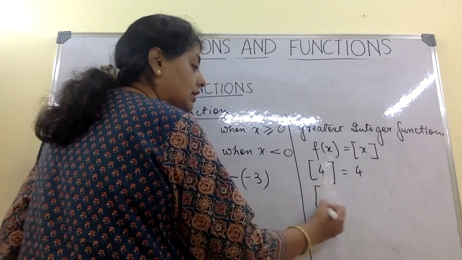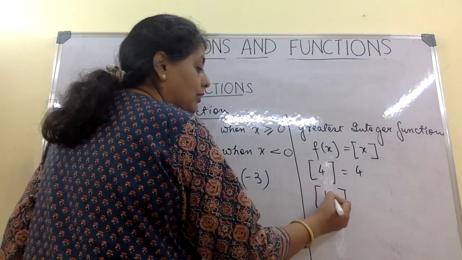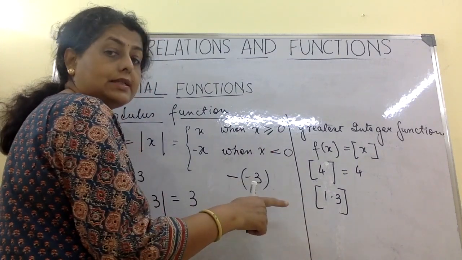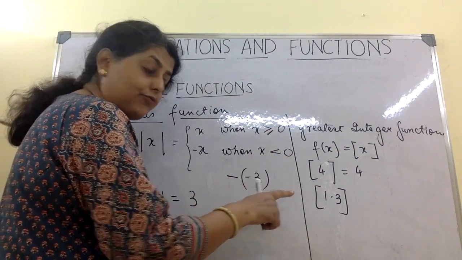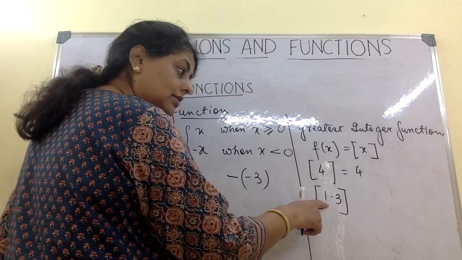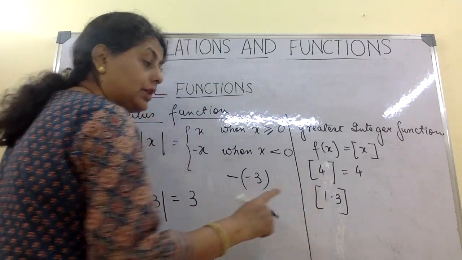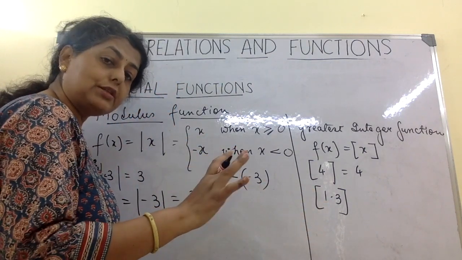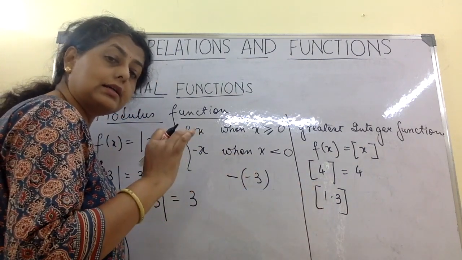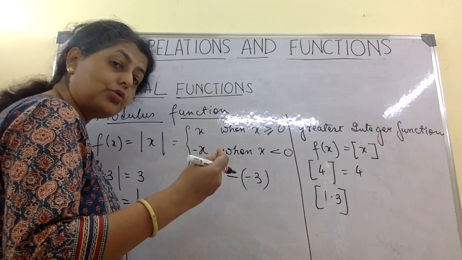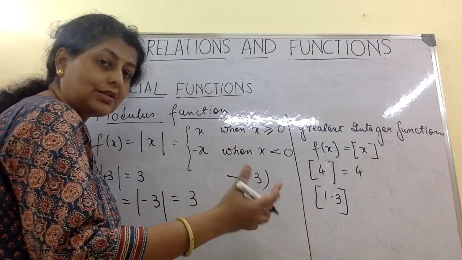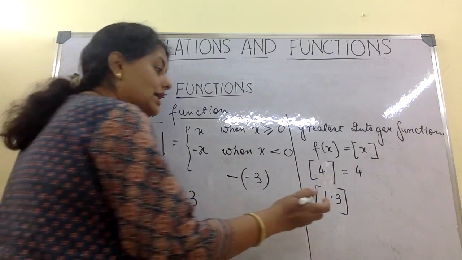But now see, if I write 1.3, this is a decimal number. Which is the greatest integer which is less than 1.3 or equal to 1.3? Now 1.3 is not an integer, so we have to look for the integer which is just less than 1.3.